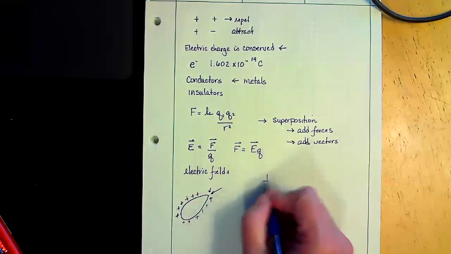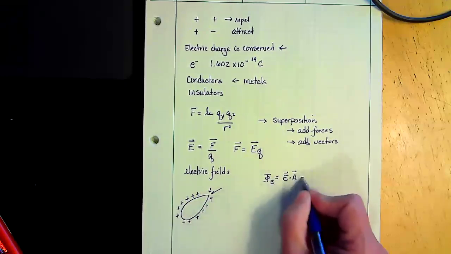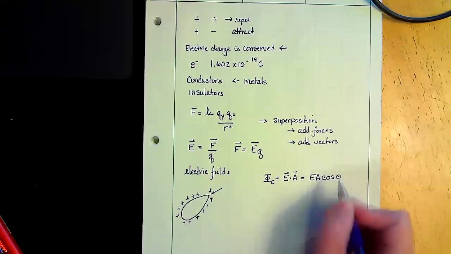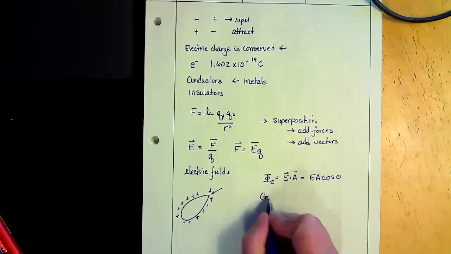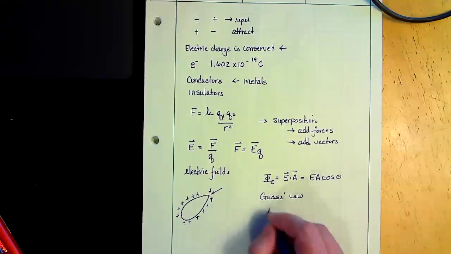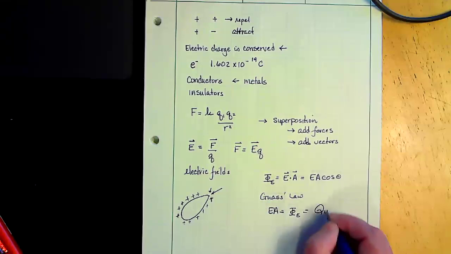And then we get our electric flux, which is going to equal our electric field dot product with our area, which gives us the magnitude of this. And we get Gauss's law, that is, EA is going to equal, for a closed surface, the charge inside divided by the permittivity of free space.